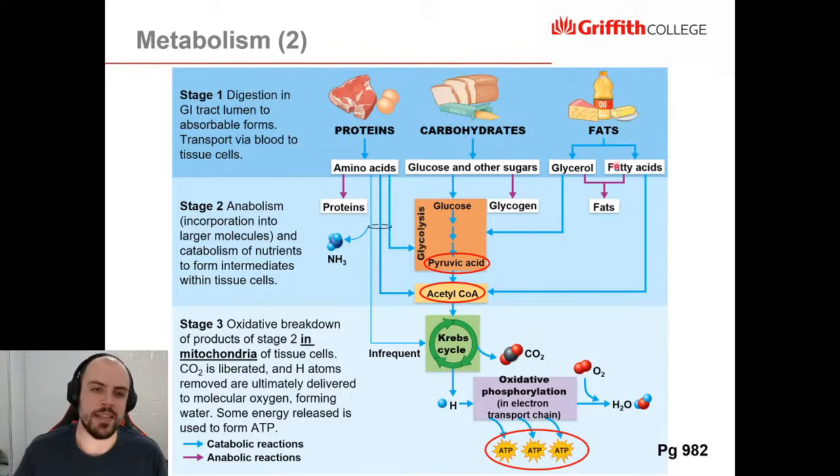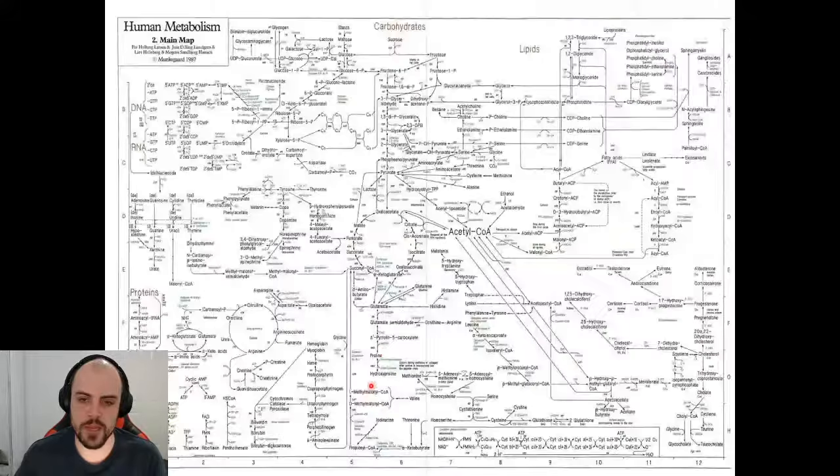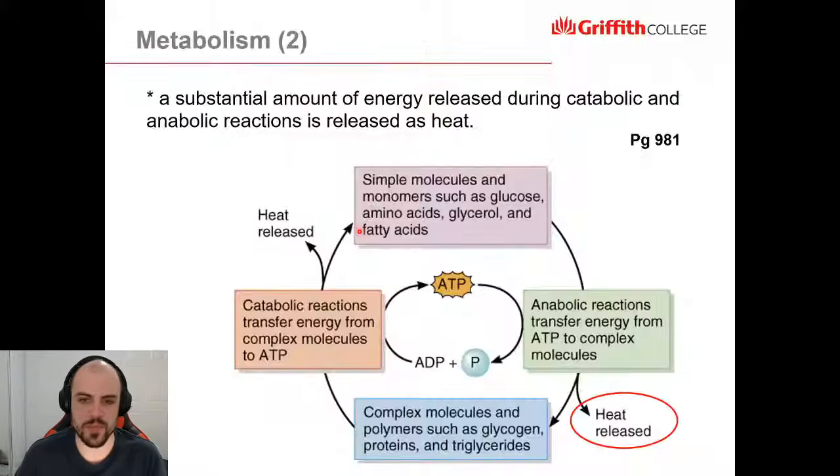Okay, now again, this wonderful page here, this digestion, stage 1, stage 2, stage 3. If we just completely ignore this top part, just this part and this part is looking at all of this down here and all across here.